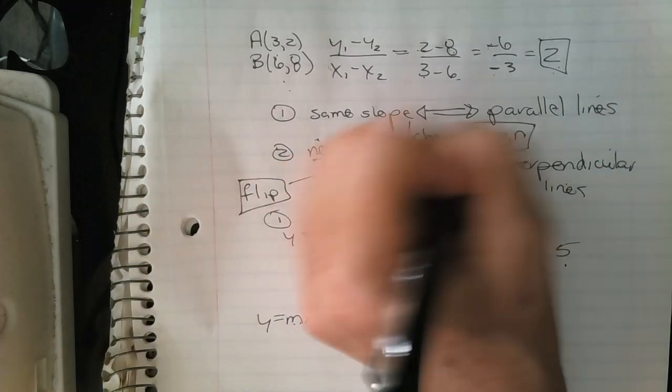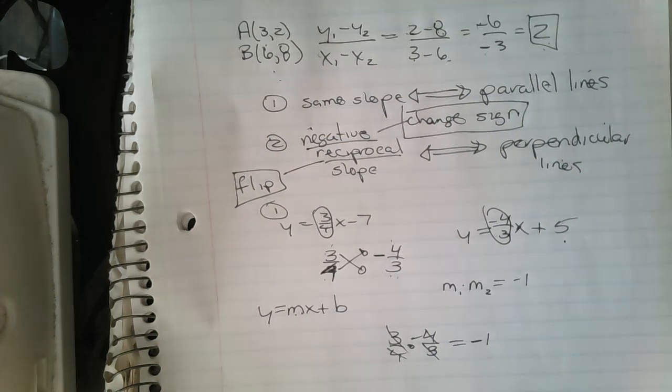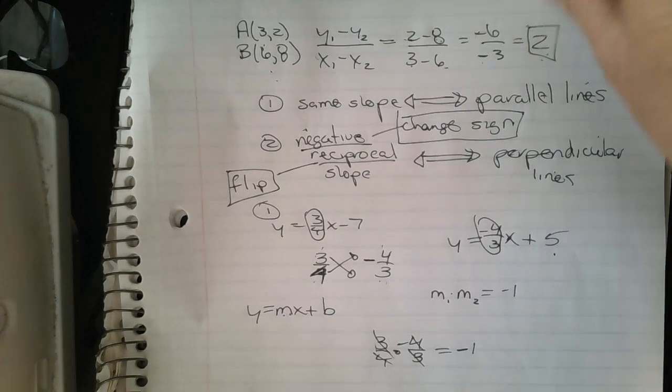Let's say they said y equals negative 7x plus 2, and I want to make a parallel line that goes through 5, negative 4.